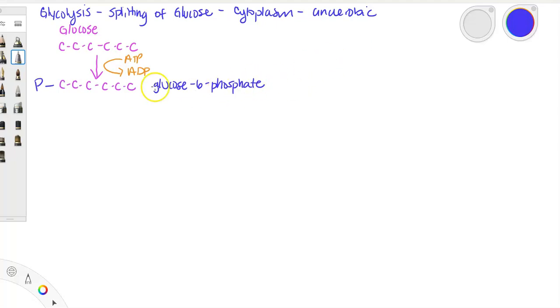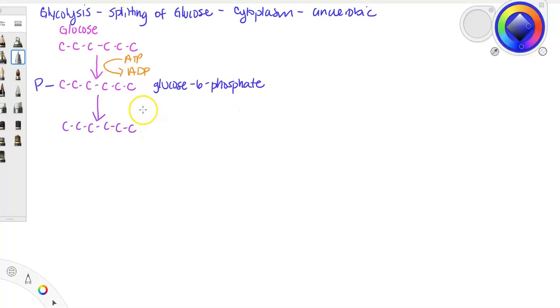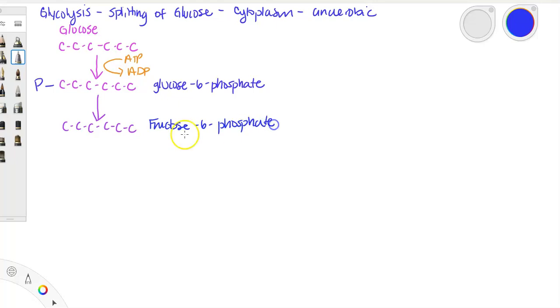From there, things get switched around, and it doesn't require any energy, but it gets switched around and becomes a different molecule. And that molecule is called fructose 6-phosphate. Okay, so it just changes it to that.